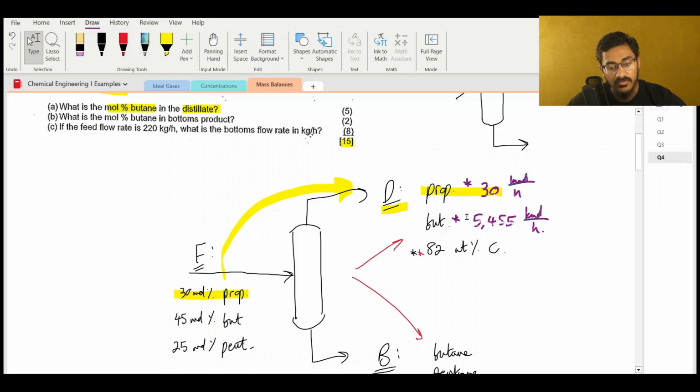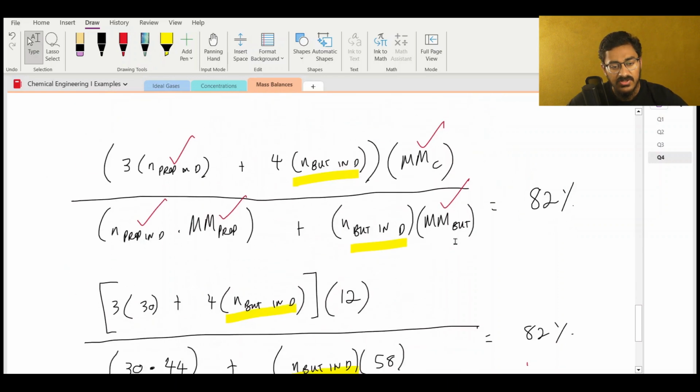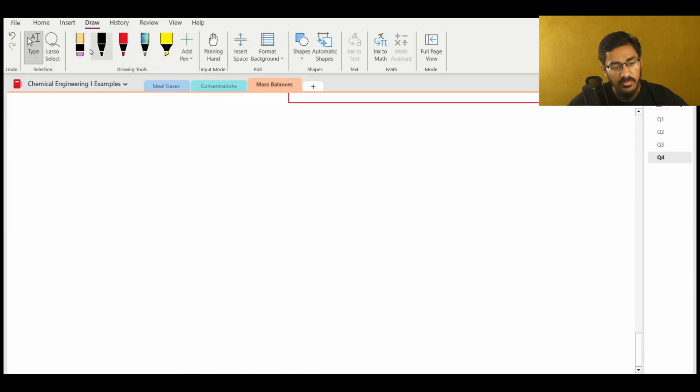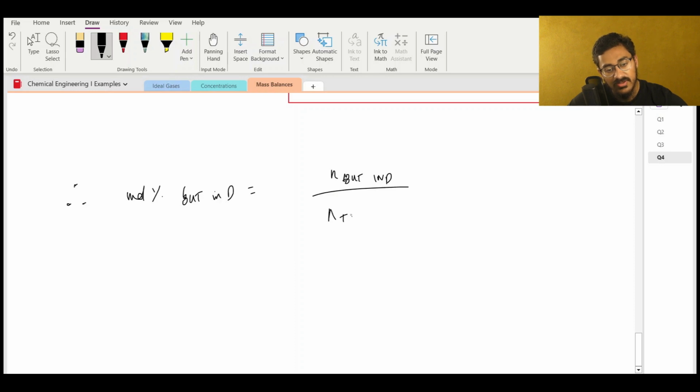Now that I've got these two, can I find the mole percentage of butane? That's very easy. Okay, so let's do that last step. Therefore, the mole percentage of butane in the distillate is equal to the number of moles of butane in the distillate divided by the total number of moles in the distillate.